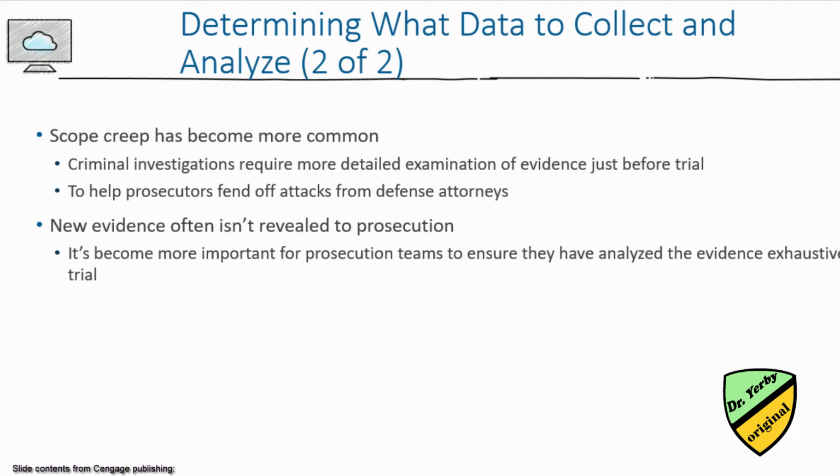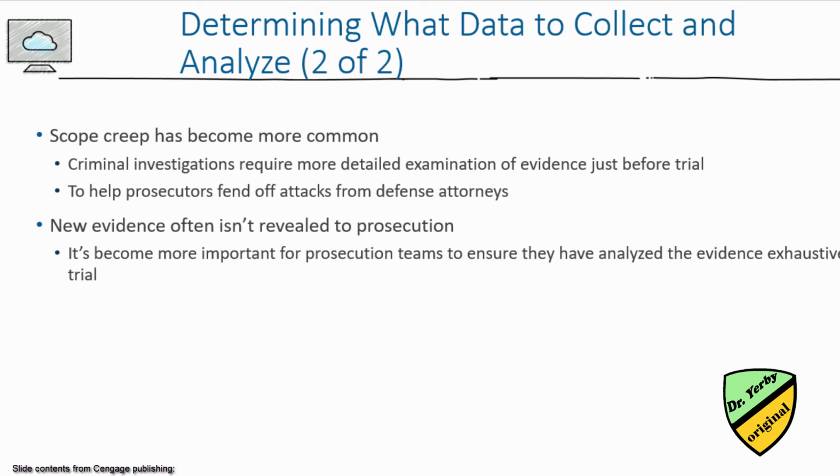Scope creep is more common because criminal investigations are taking a more detailed examination of evidence. Again, a digital forensic investigator or examiner, they don't work for the DA, but they do work with them, and they will sometimes have to fend off attacks, like you see here, when the defense files a motion for discovery.